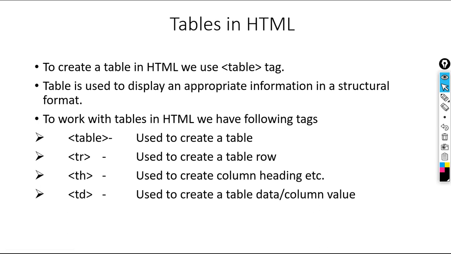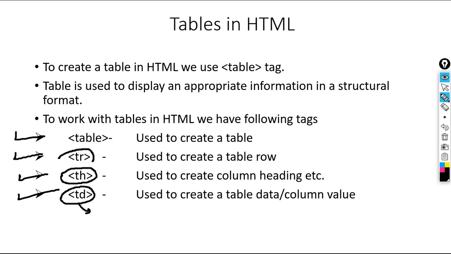Just now I have explained what is a table, what is a table row, what is the head part and what is the body part of the table. So td is used to represent the body part, th is used to represent the head part, tr is used to create a table row, and the table tag is used to create a table. Understood? So these are the tags in HTML to work with tables.